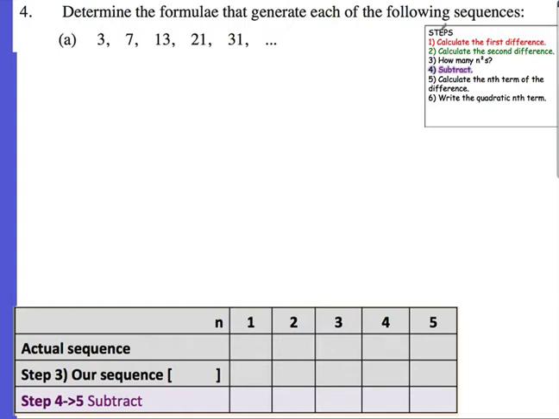Question 4. Now this is most likely a linear. Let's take a look. 4a. First difference of this is 4. So first diff.